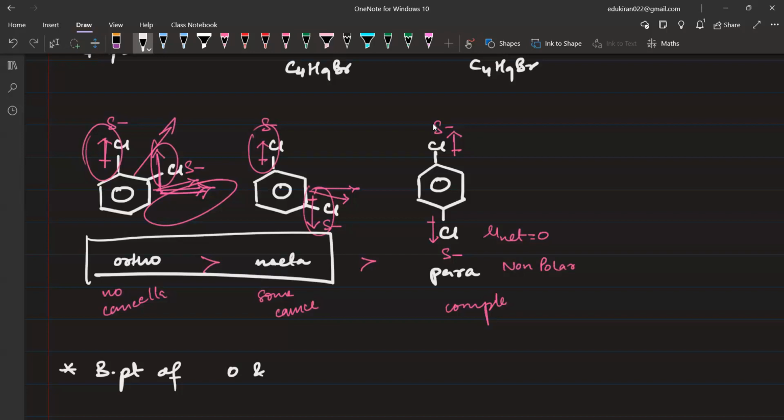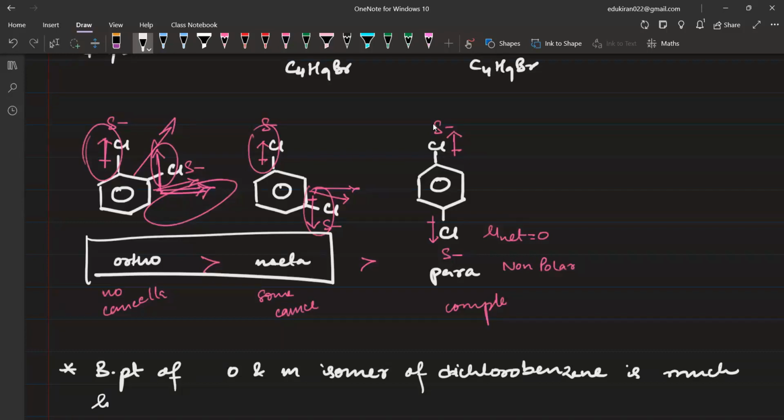So we can say the boiling point of the O and M isomer of dichlorobenzene is much higher than its P isomer, para isomer.